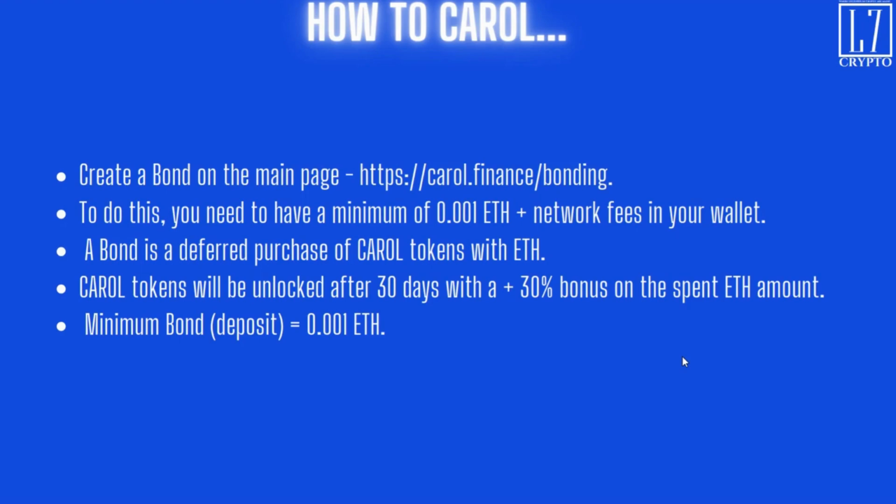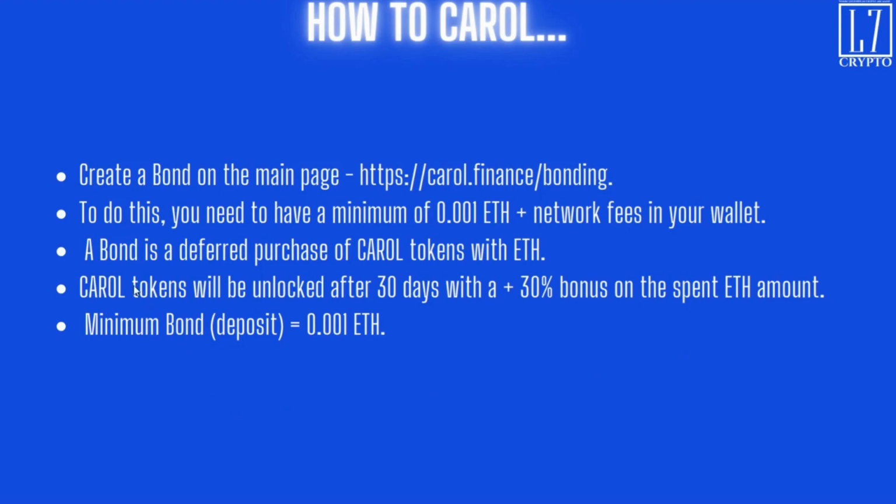So as you know now, to create a bond, you just go to the main page. You have to ensure that you have your ETH there. I showed you before how to go from whatever blockchain you're on to Base, where this is at. And once you have your ETH there, go ahead and do whatever you're going to do if you decide to invest in the Carol protocol.